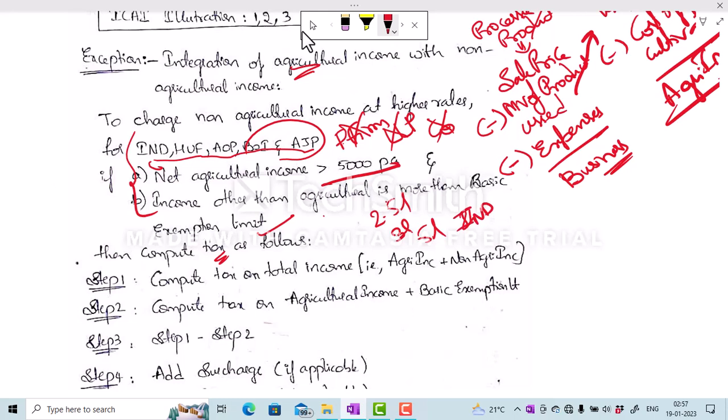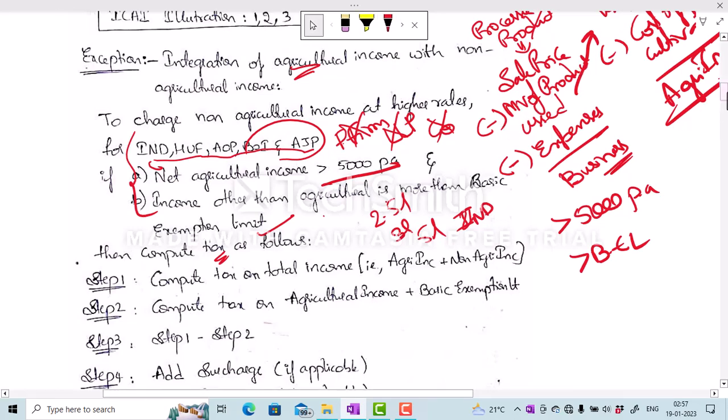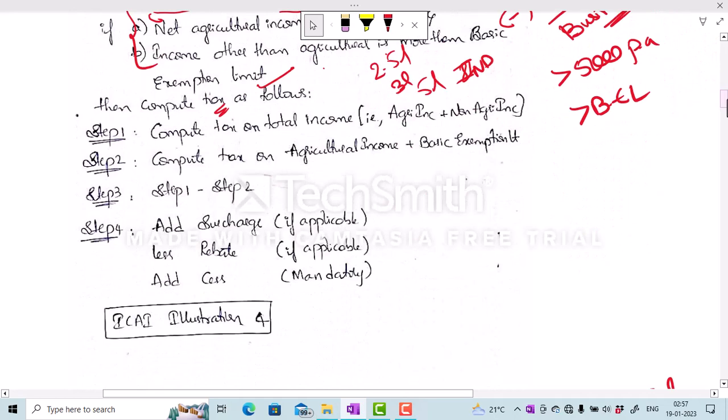What are the conditions? Only for these 5 assessees, and agriculture income is more than 5,000. Income other than agriculture income should be more than basic exemption limit. Then compute the tax as follows. First compute the tax on total income, agriculture income plus non-agriculture income, same as the normal income.